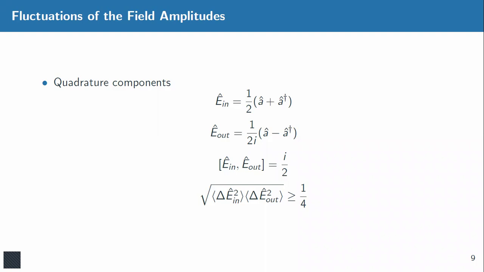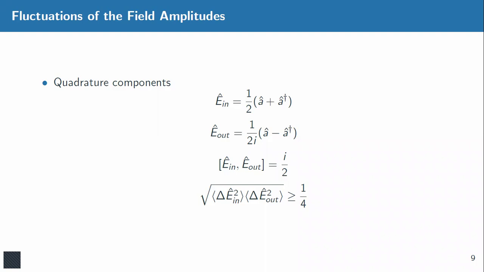So we cannot measure them simultaneously. They follow the same commutation relation as followed by the position and momentum of some particle, and we could show that they follow the Heisenberg uncertainty principle. So they cannot be measured simultaneously with absolute precision.